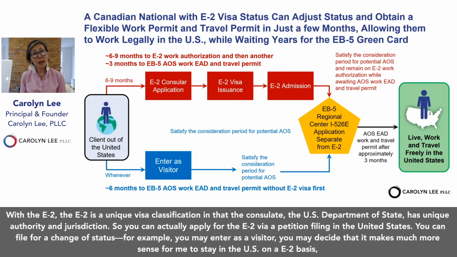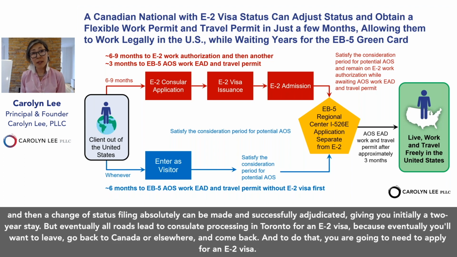You can actually apply for the E-2 via a petition filing in the United States. You can file for a change of status. For example, you may enter as a visitor, and you may decide that it makes much more sense to stay in the US on an E-2 basis, and then a change of status filing absolutely can be made and successfully adjudicated, giving you initially a 2-year stay.